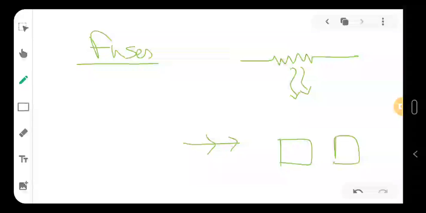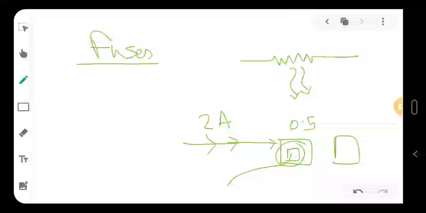Let's say my smartphone is getting charged with some adapter. Now this adapter can handle only, let's say, 0.5 ampere, but my power supply is giving 2 ampere, which is very high, almost 4 times. So what will happen? My adapter circuit can burn, and that can even harm my smartphone, which I don't want.